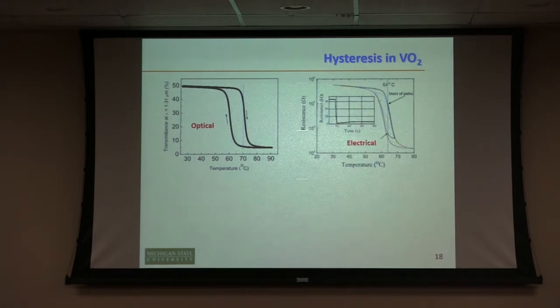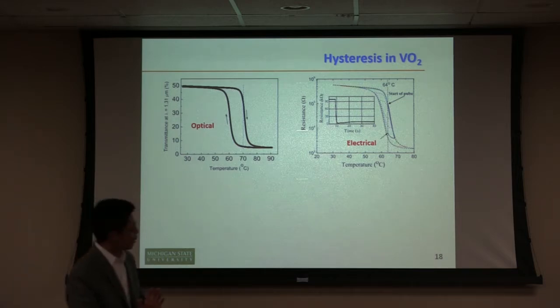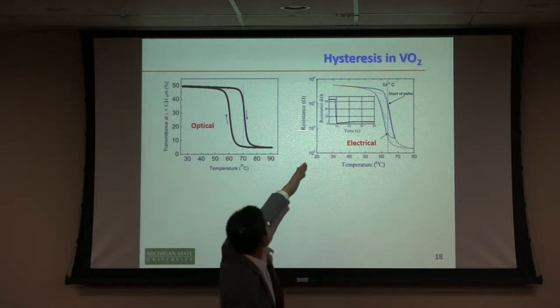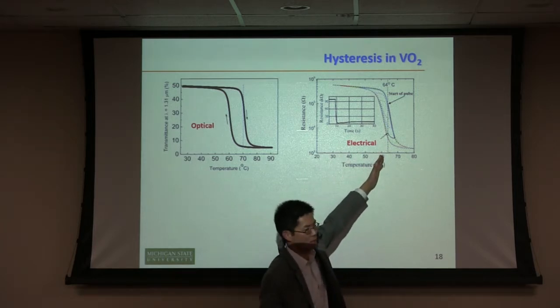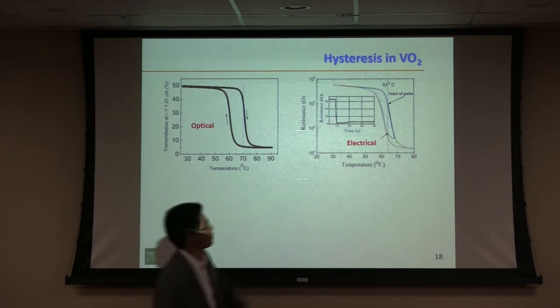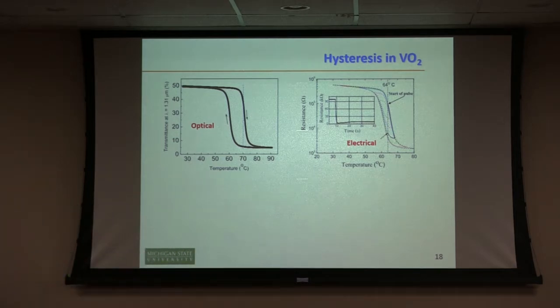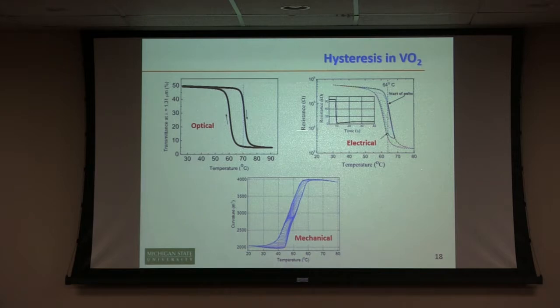This is the electrical resistance. It changes about 2 orders of magnitude from low temperature, which is almost a semiconductor, to high temperature, where it becomes essentially a metal. That's a big change. And of course, the bending curvature will change with the temperature. But in all these graphs, you see loops.